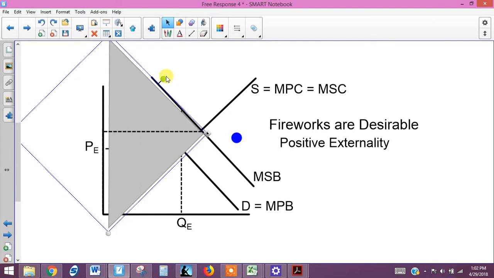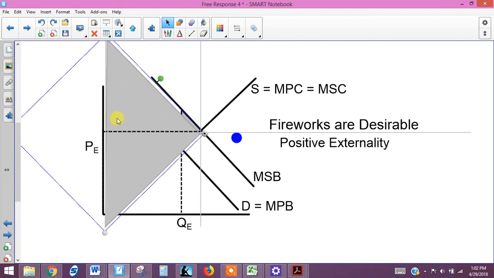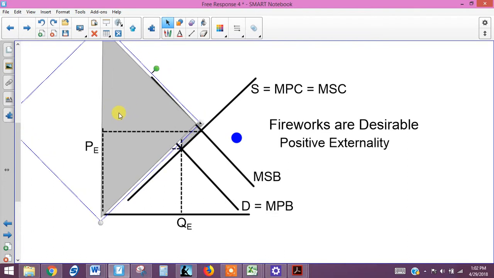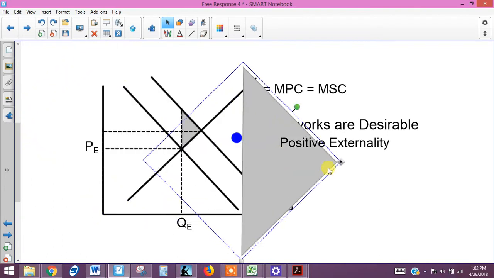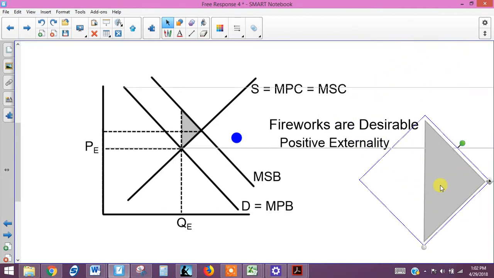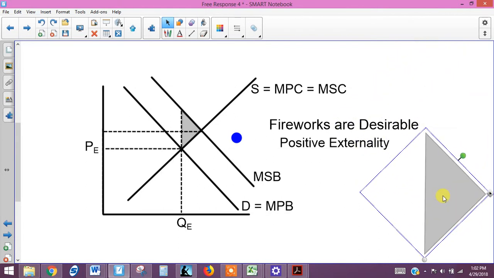It would be this whole area here, right? So it would be huge. So you can easily see that if the government banned the fireworks, then the deadweight loss would certainly increase.